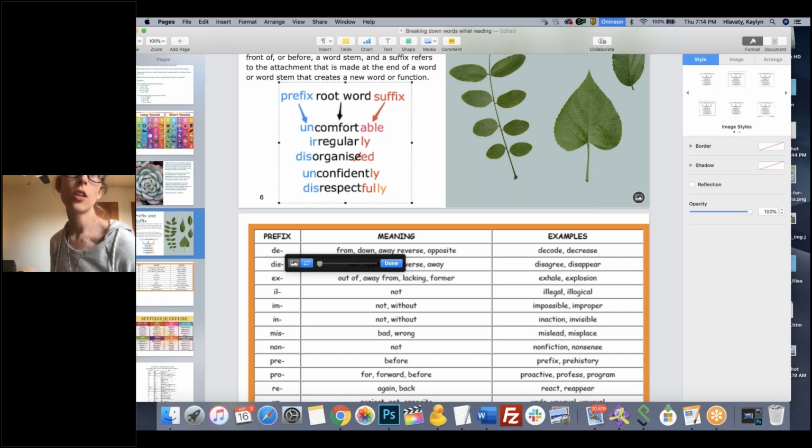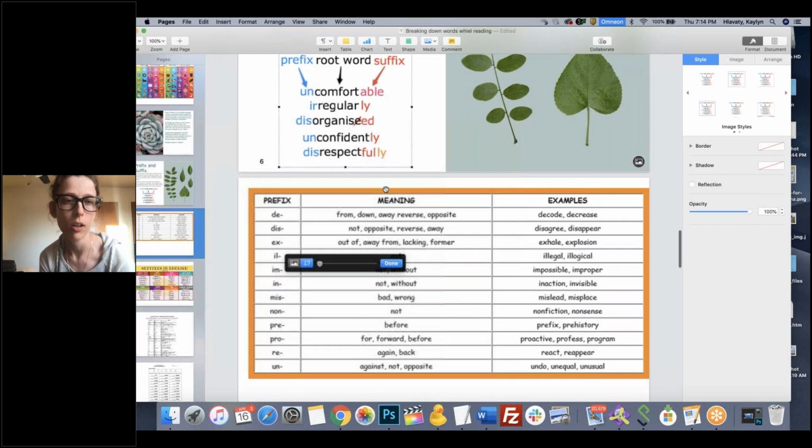Or say you went to complain at a restaurant because you weren't okay with the service. But the manager took care of you and made the situation better. Then you would say, I was treated respectfully. I was treated with respect. So you can see how that changes the meaning within the word.